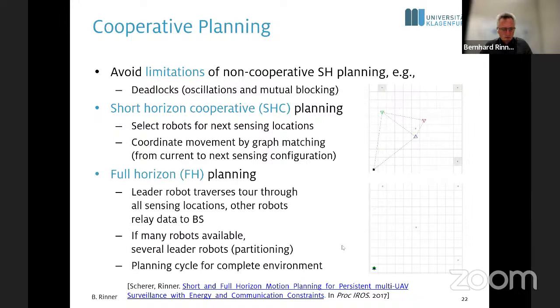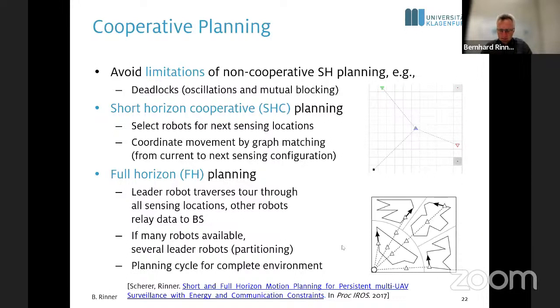And then there are also full horizon planning approaches where we separate the drones into leader drones and intermediate drones. The leader drones are responsible for moving towards the sensing locations, and the remaining drones make sure that the network is always connected. Depending on the number of drones and the environment, we can even partition the entire monitoring region into specific areas, and for each area, a team is then responsible for fulfilling the persistent monitoring task.